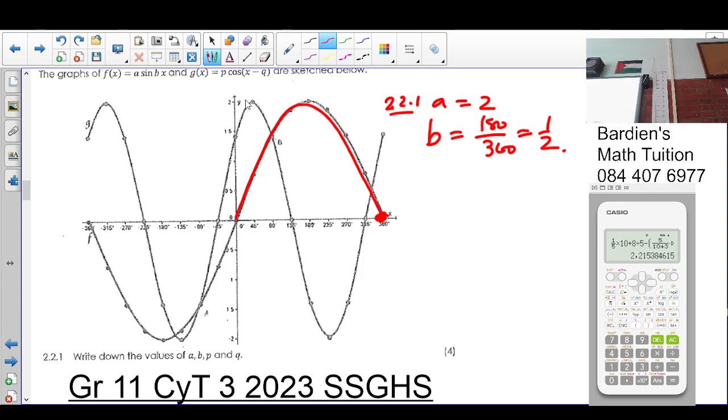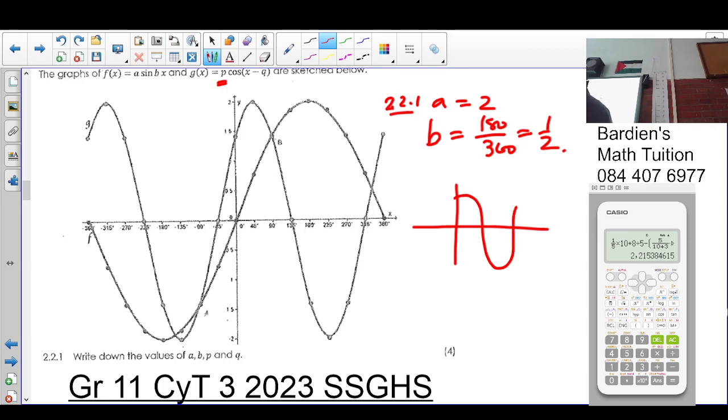Let's look at p. p belongs to the cosine graph. p also tells us about the amplitude of the graph. So we're looking at the cos graph. This is what the basic cos graph looks like. Okay, you see it? See the evidence here of the cos graph? Not so.